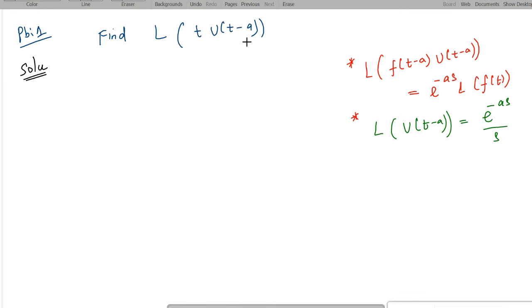Before applying this property in this problem, try to make all the terms in terms of t minus 9. Then only you can apply this property. So for that, I am going to rewrite it.